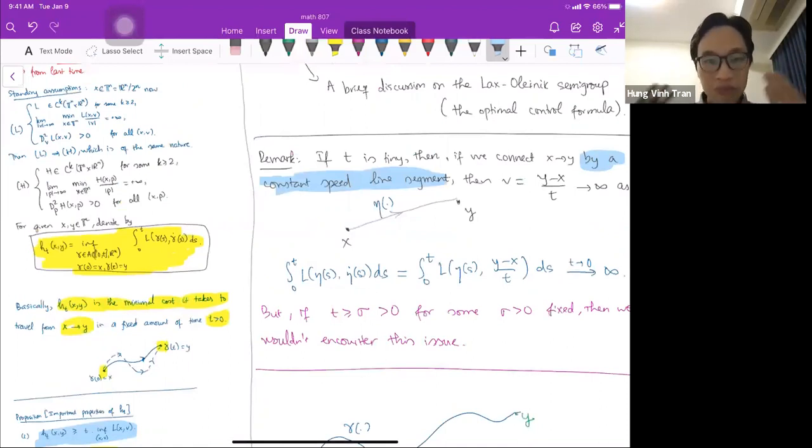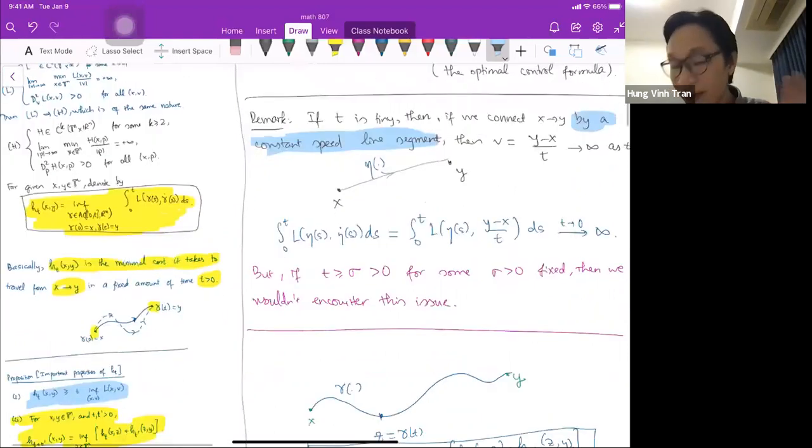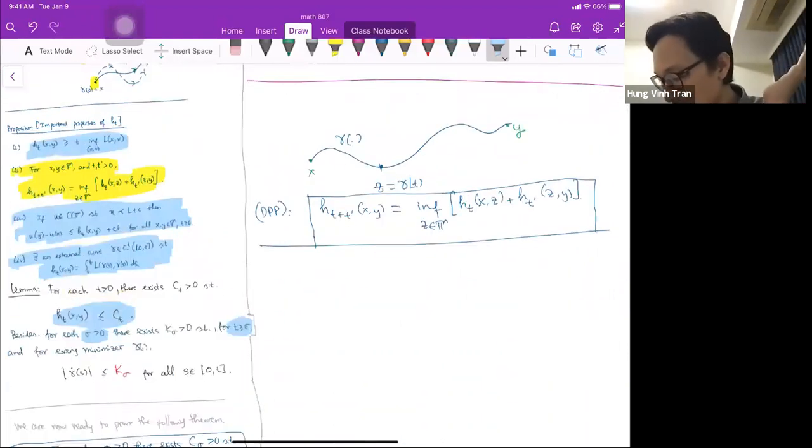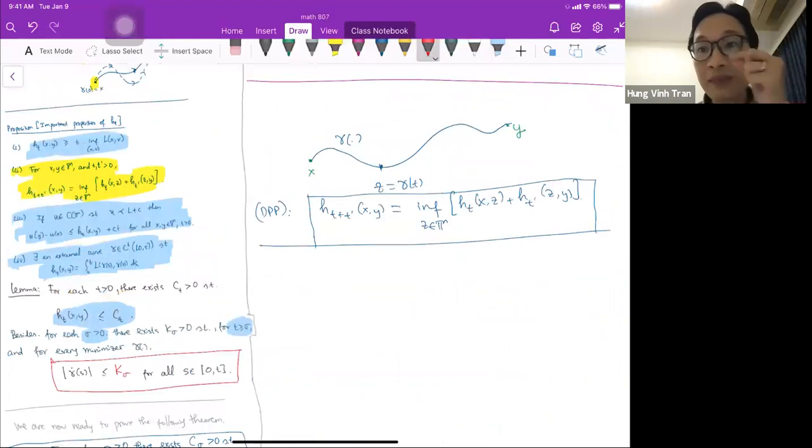But if you are allowed to go in some time that is not too small, bigger than some fixed constant, then it's very natural to expect that we have the red box I'm putting here on the left panel. Then your minimizer is going to go with a certain bounded velocity, and the velocity constant k sigma only depends on sigma. It's not dependent on any time, right?